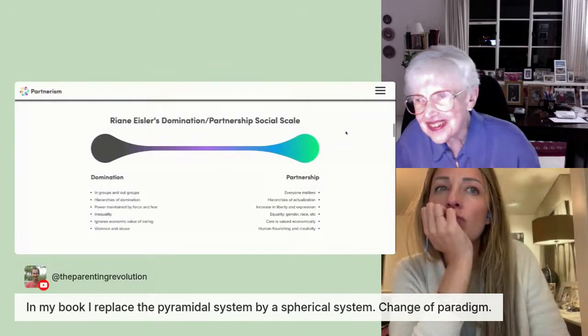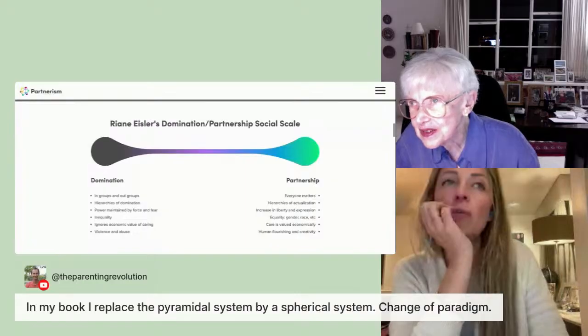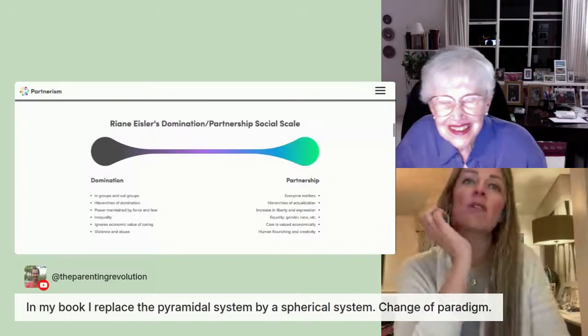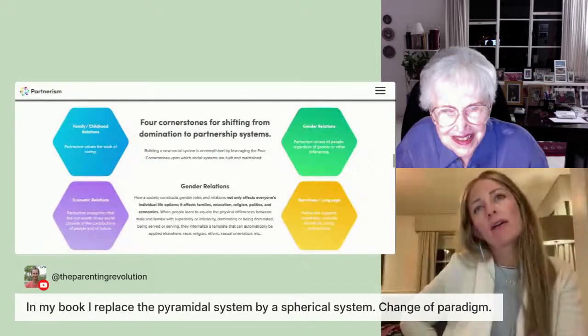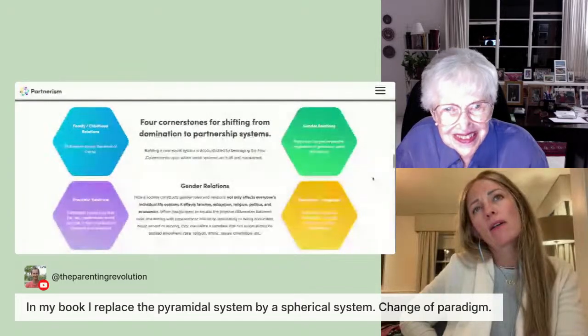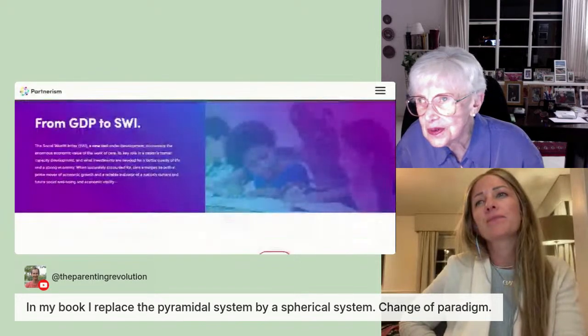But wait a minute, what is going on here? I have too many open. Here are the four cornerstones. And how did you get to these? This is in the partnerism link.